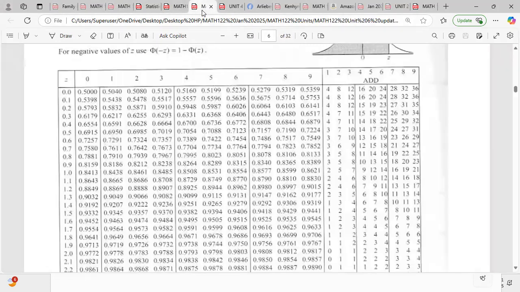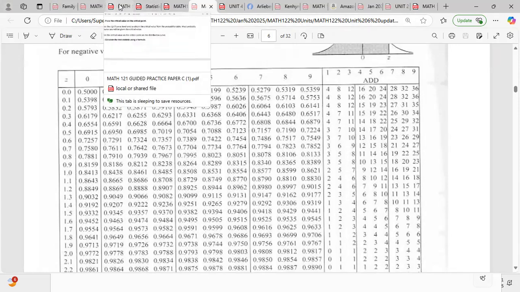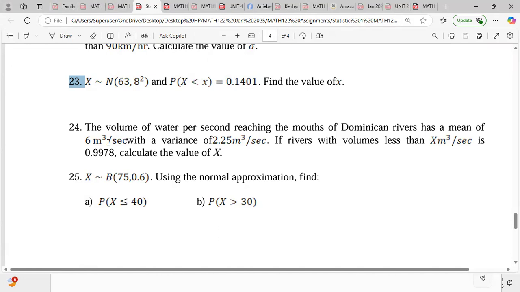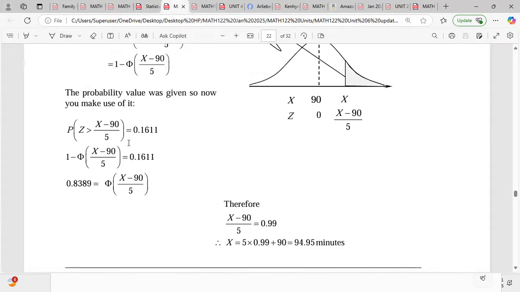Left tails are on the left side of 0. A number on the left side of 0 will be a negative number. So you've got to attach a negative sign to z so that you can find the x value that is less than 63.